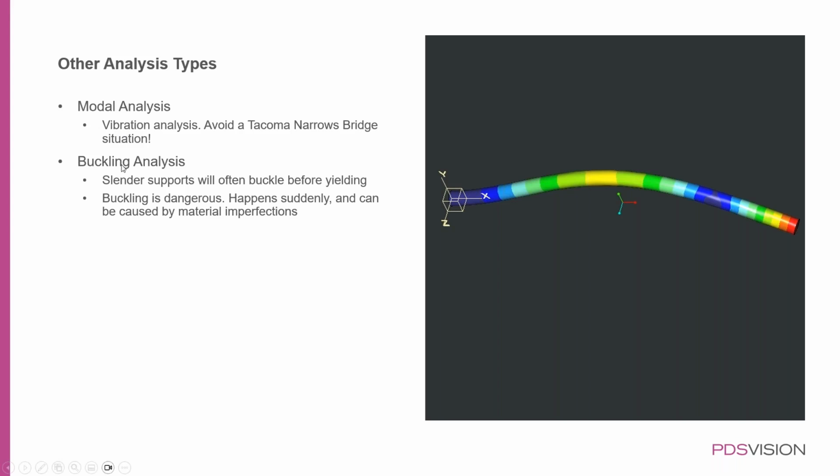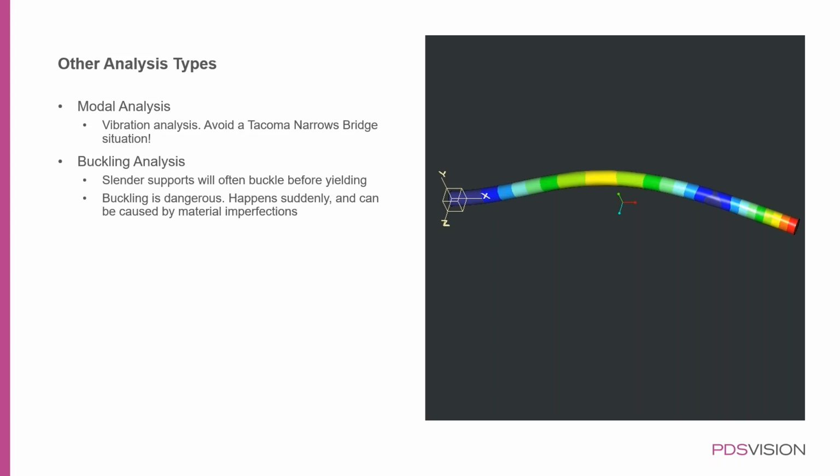And secondly, buckling analysis. Buckling analysis is useful anytime we have very slender supports with compressive axial loads. If you imagine a Greek column holding up a building, this is the exact case we're dealing with. This is going to be a very long and thin support, being a column, and it's going to be under a compressive load.